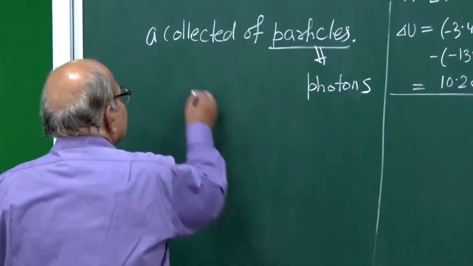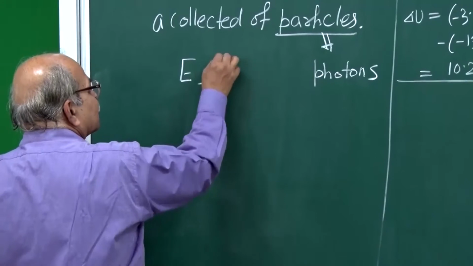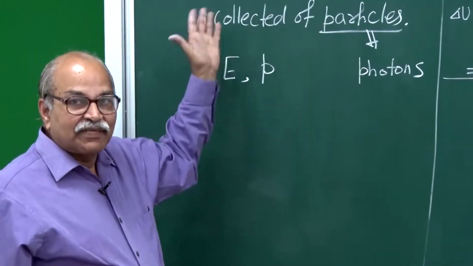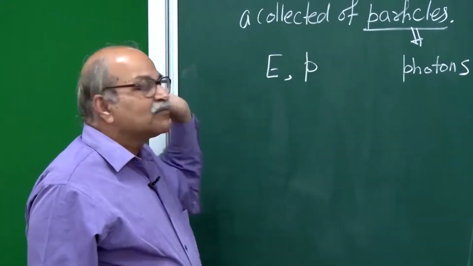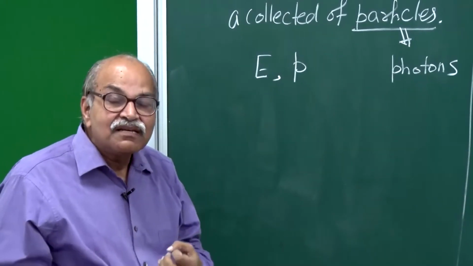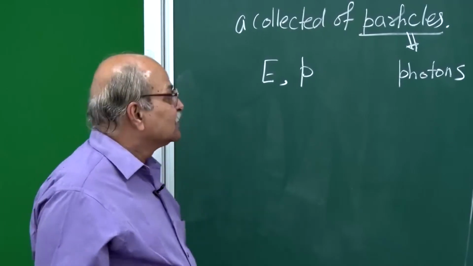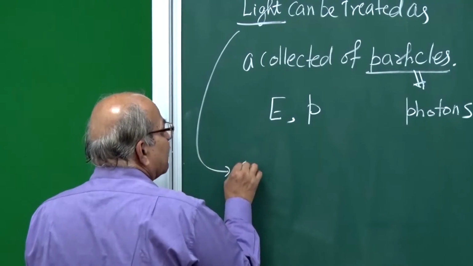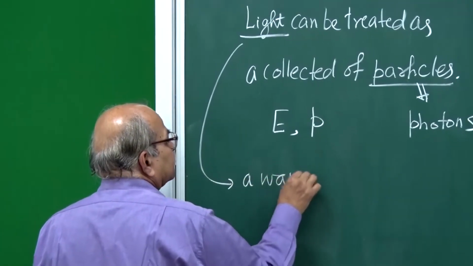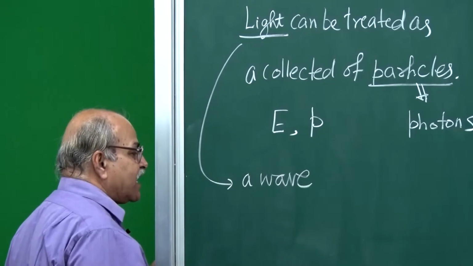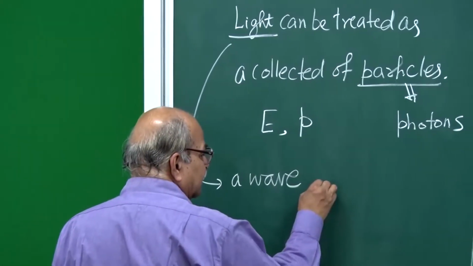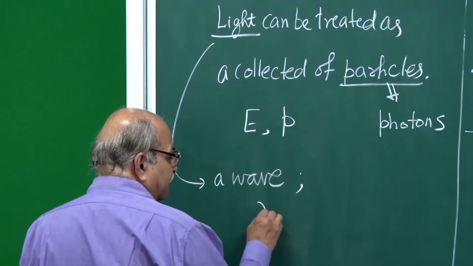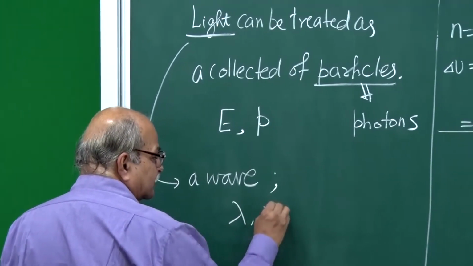Each photon has some energy E and a linear momentum P. These are particle characteristics. At the same time, this light can also be treated as a wave, and when it is treated as a wave, the characteristic things are wavelength and frequency.